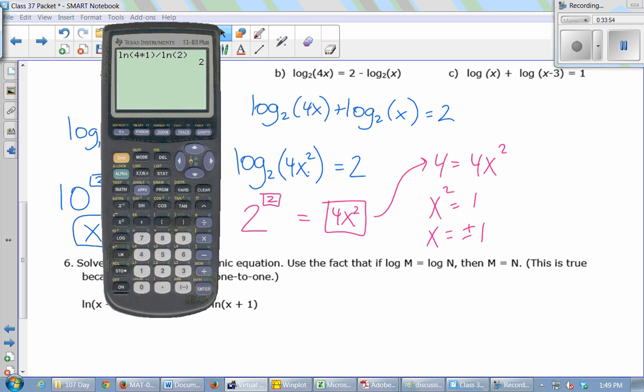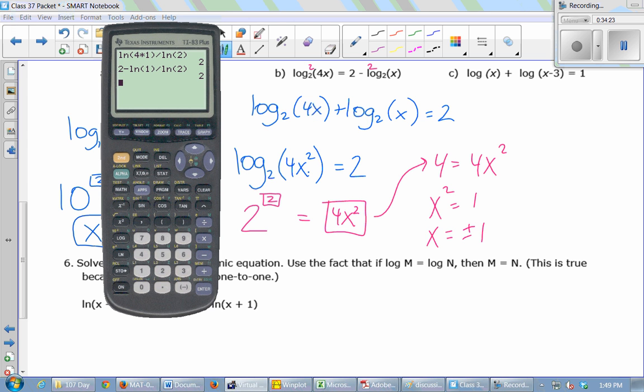So that equals 2 when I plug in. And then I'm going to plug into the other side, and I should also get 2, right? So I'm going to do 2 minus the ln of 1 divided by the ln of 2. That's log base 2 of 1, just using change of base. And I also get 2. Okay, good.